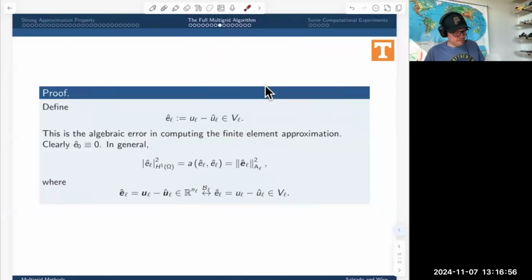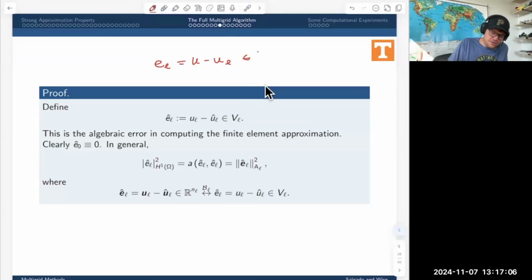So let's prove this. So usually we define something called the error at level L. That would be EL is U minus UL. And this would be a function in H01. That's usually how the error is defined.